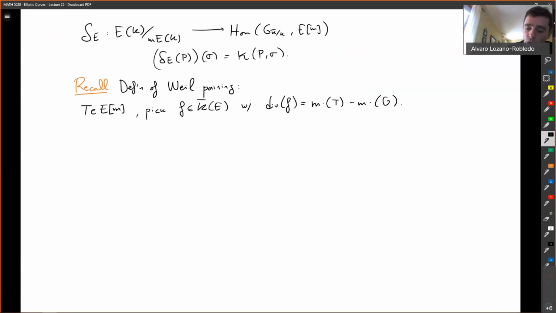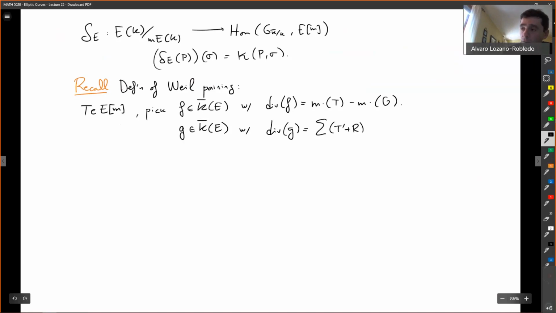And we also defined a g such that the divisor of g was the sum of (T' plus R) minus (R) for R in E[m], where m times T' equals T.